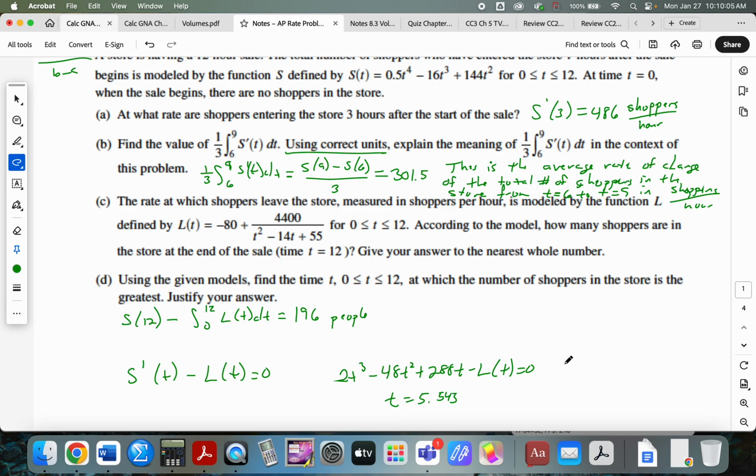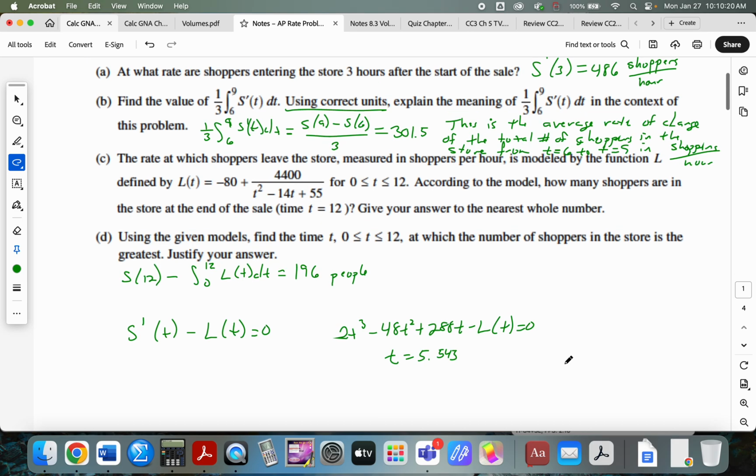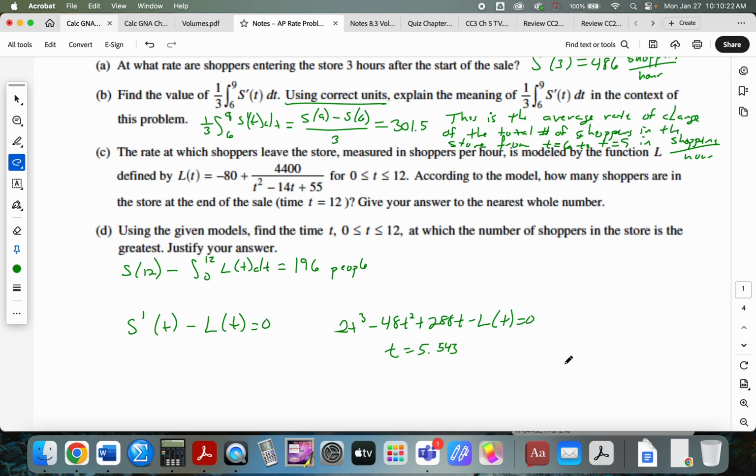Now, to justify your answer, the rubric is only going to show one way to justify your answer. But there's actually two different ways that you could justify your answer. One way is to do the candidates test because this is a closed interval. Notice it's closed at 0 and 12.